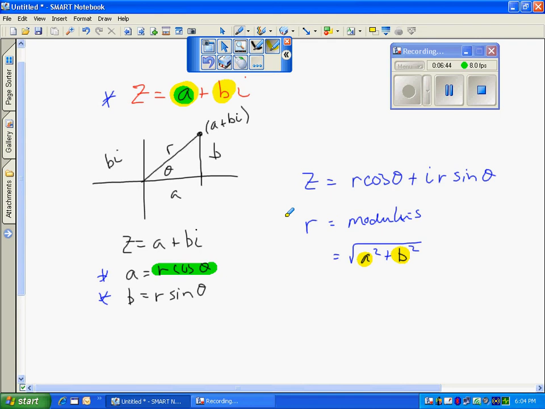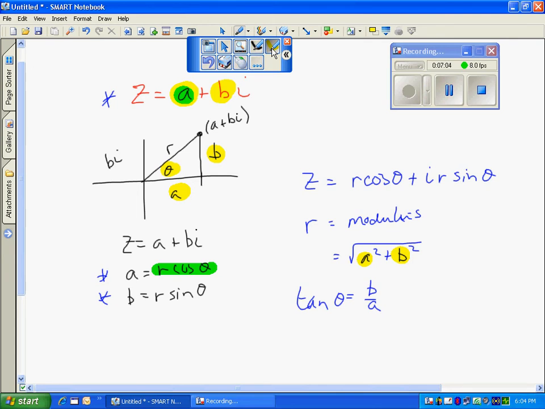Theta is a tangent relating b and a, the two pieces that I had here, which are also the a and b on the real and the coefficient on the imaginary part.